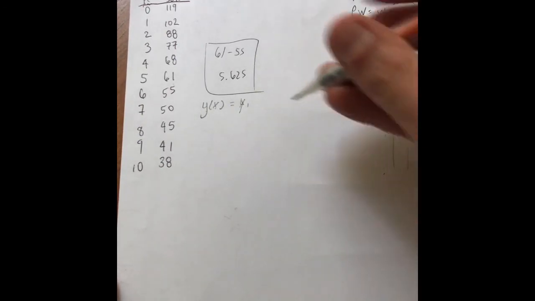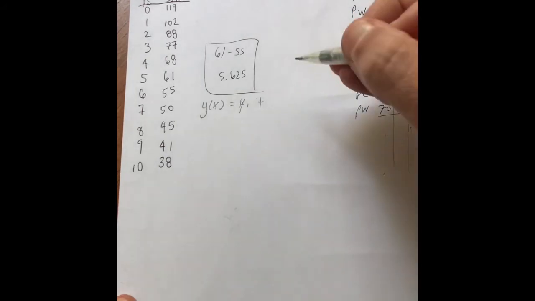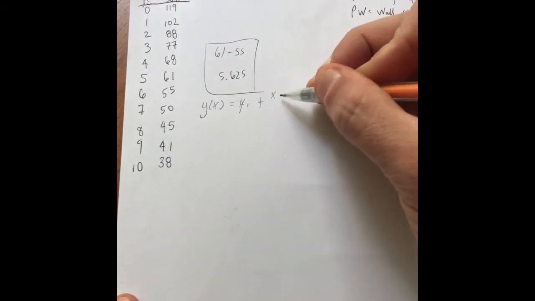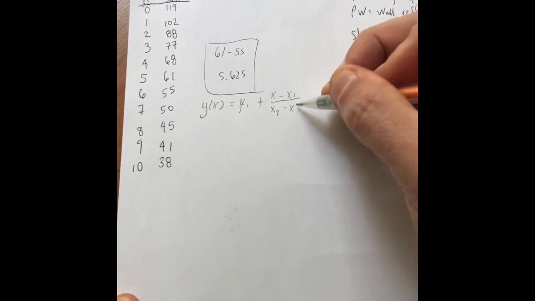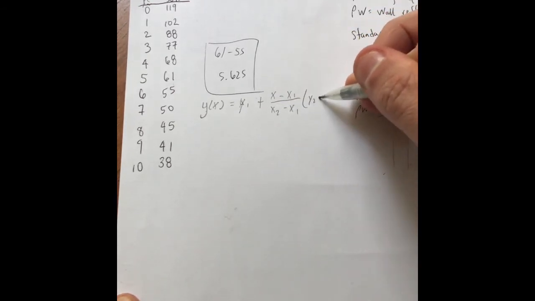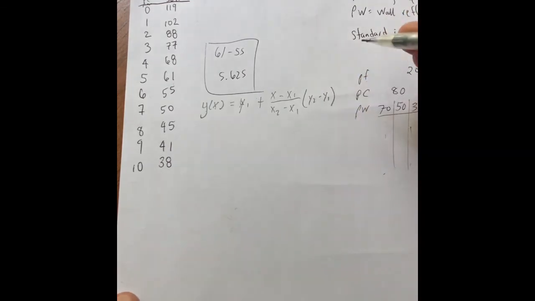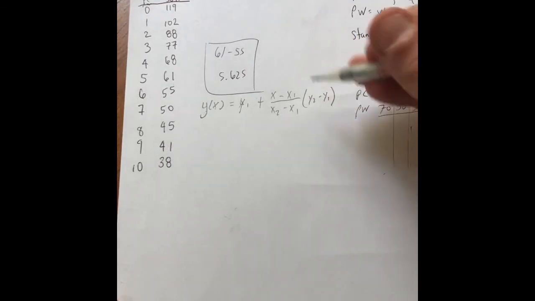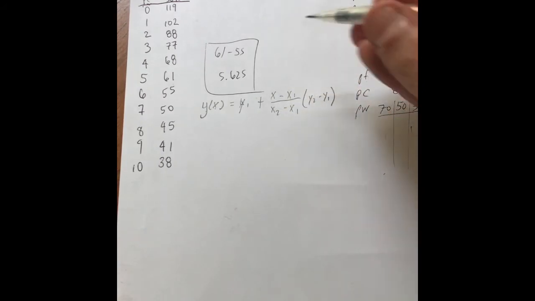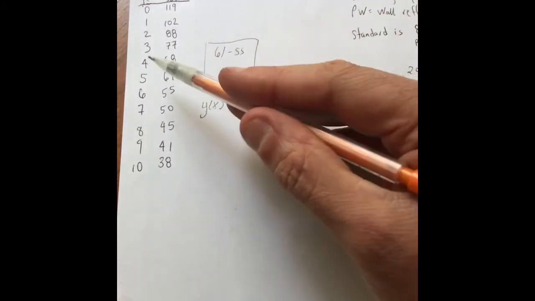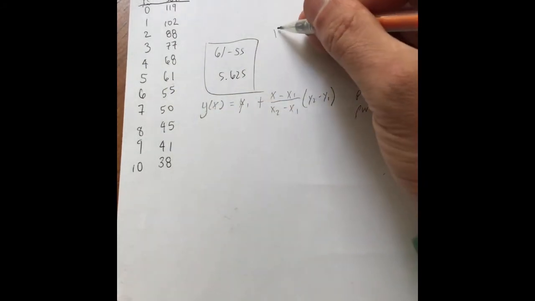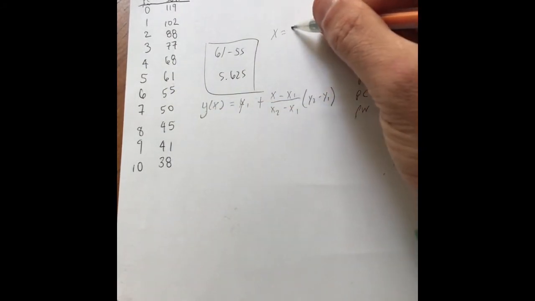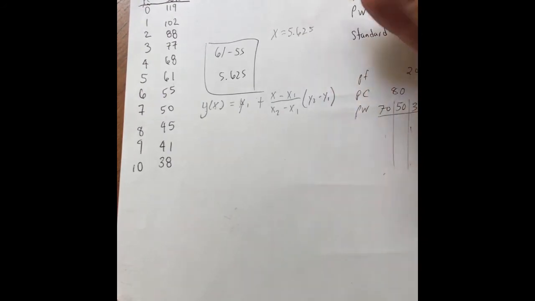So y of x equals y1 plus x minus x1 over x2 minus x1 times y2 minus y1. All right, so big long fancy formula. So what does this mean? When we look at this, we have effectively x's and y's. Our x equals 5.625.